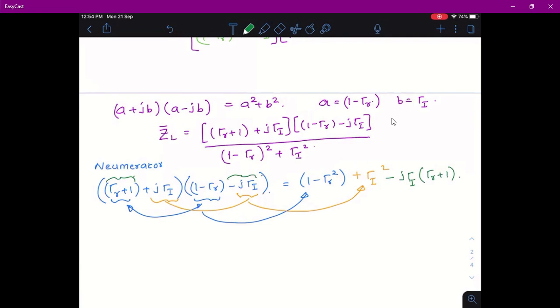So if you multiply both, you will get this. And at the last, let's multiply this and this. So you will get plus j tau I into 1 minus tau r, which will give you this.